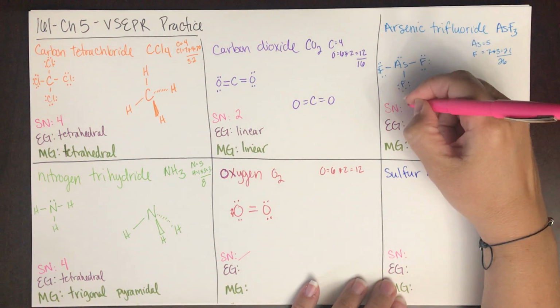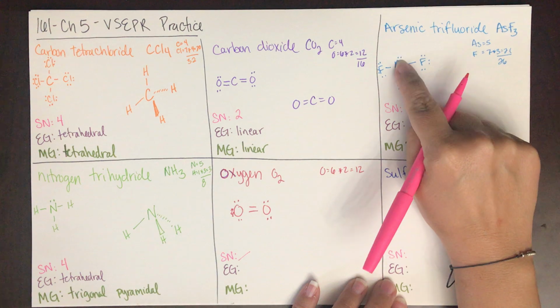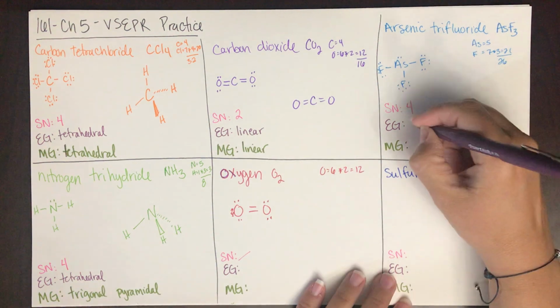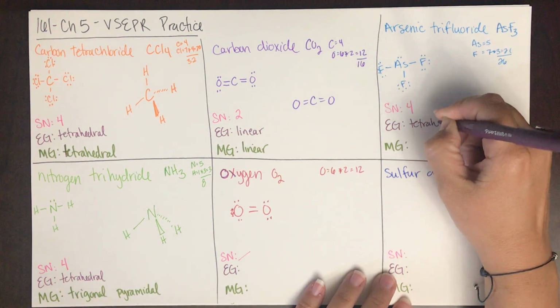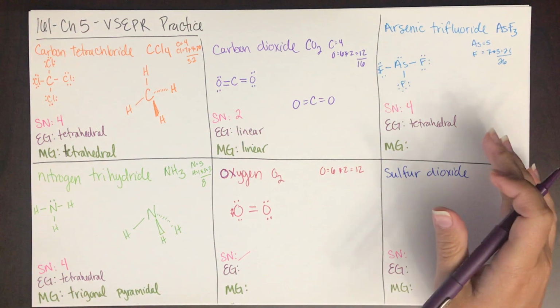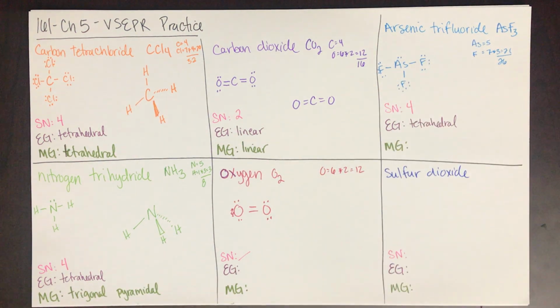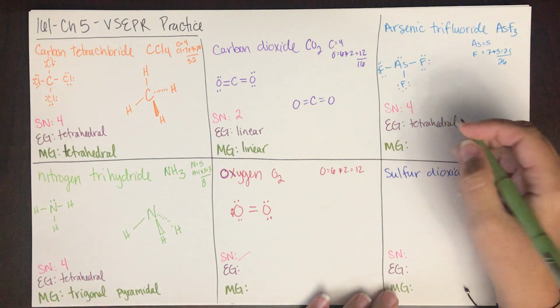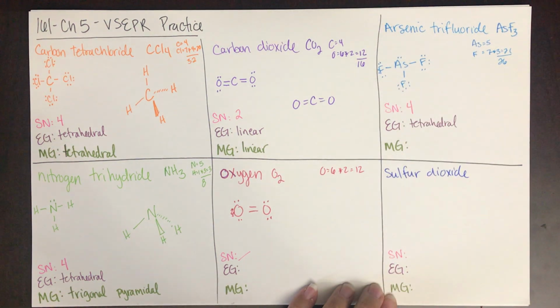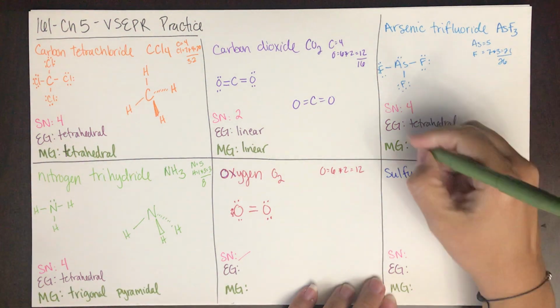The steric number here is 4. 1, 2, 3, 4 regions of electrons around that central atom. The electron pair geometry is tetrahedral because we only care about the regions of electrons for the electron pair geometry. For the molecular geometry, if you have 3 bonded atoms and 1 lone pair, this again is called trigonal pyramidal.